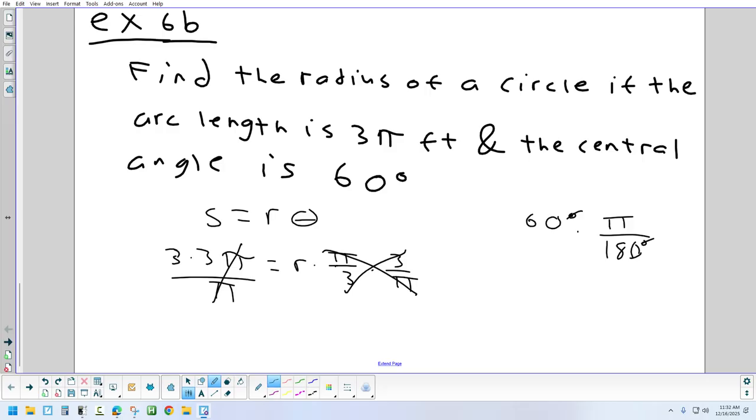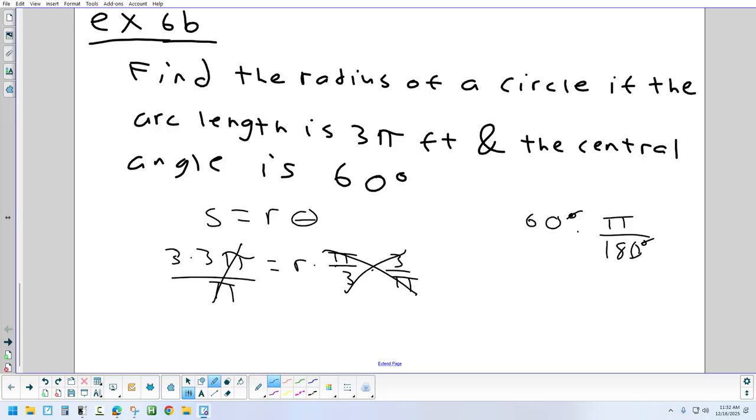Is it 9 radians? Did we just solve for an angle? What did we solve for? If we solved for an angle, then yes, we should put radians, but we solved for the radius. We didn't solve for an angle.